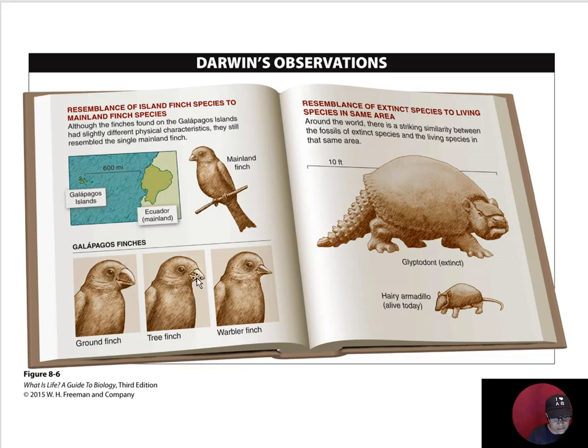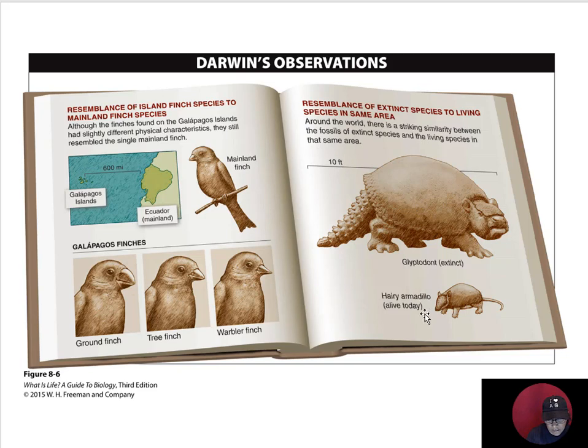Although the finches found on the Galapagos Islands had slightly different physical characteristics, they still resembled the single mainland finch that he saw. And he started to wonder about that. Why do they look so similar, yet the beaks are different? And then here, around the world, he started to notice a striking similarity between the fossils of extinct species and the living species in that same area.